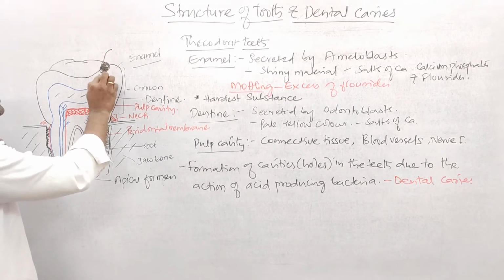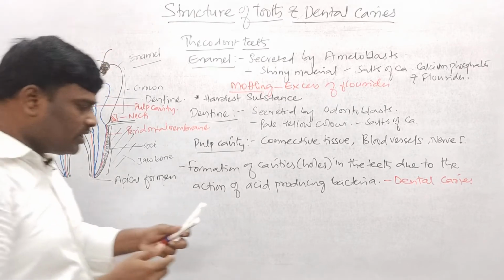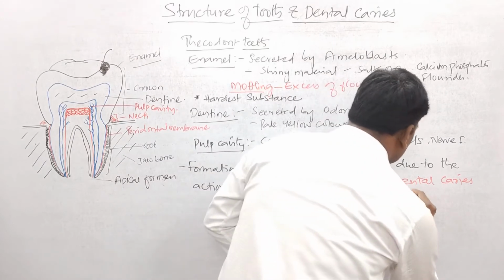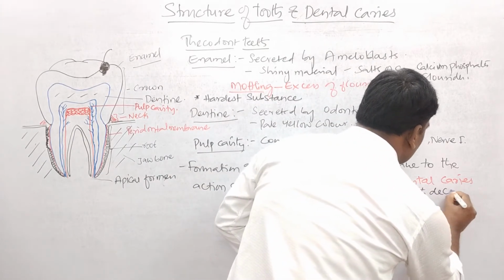Then it is called dental caries. So dental caries means the formation of cavities or holes in the teeth due to the action of acid producing bacteria. In other words, we can also commonly call it tooth decay.